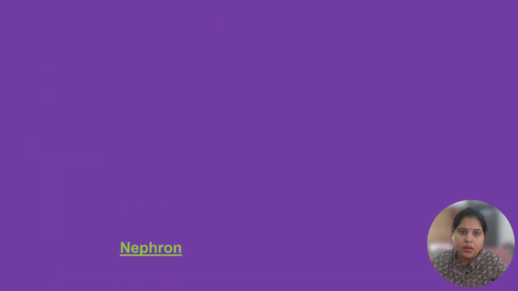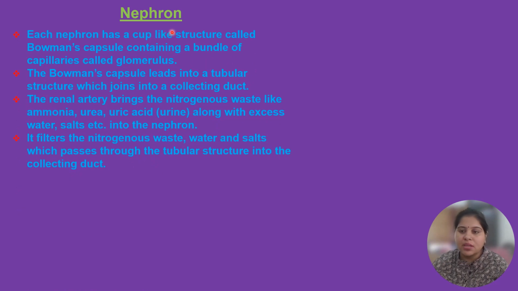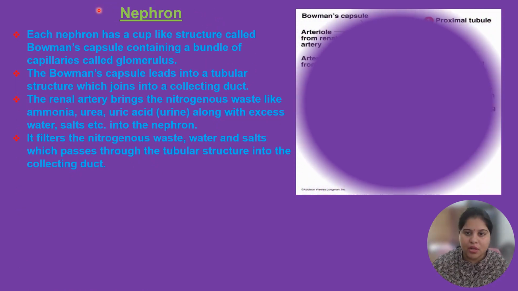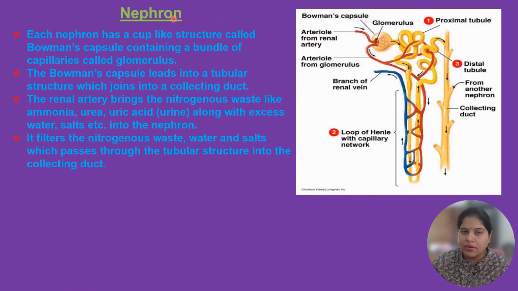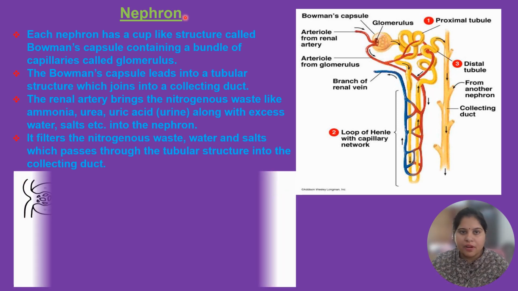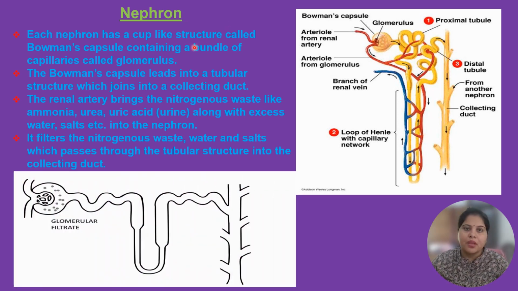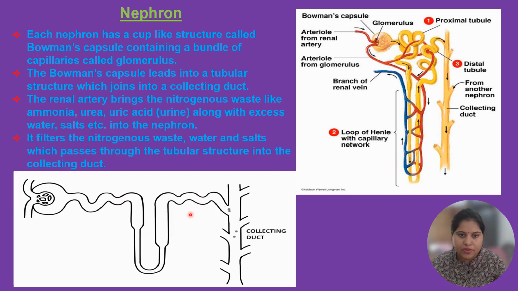Now, we will learn about the structure of the nephron. As we have already learned, the nephron is the functional unit of the kidney. This structure represents the nephron, and this is a simplified structure of the nephron. Now each nephron has a cup-like structure that is known as Bowman's capsule.